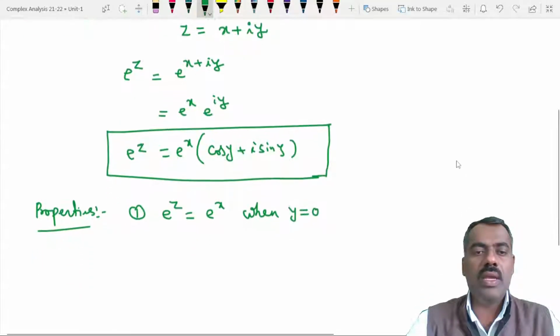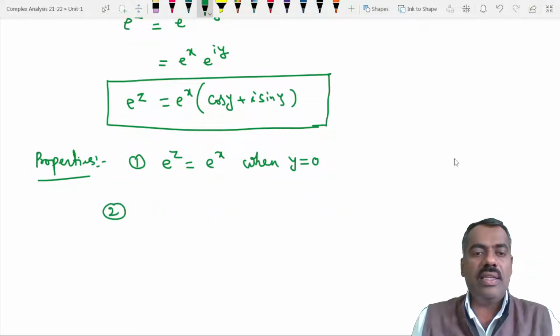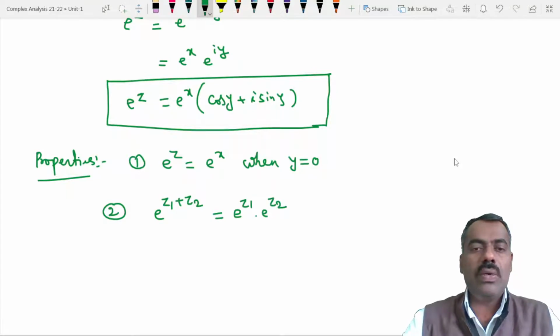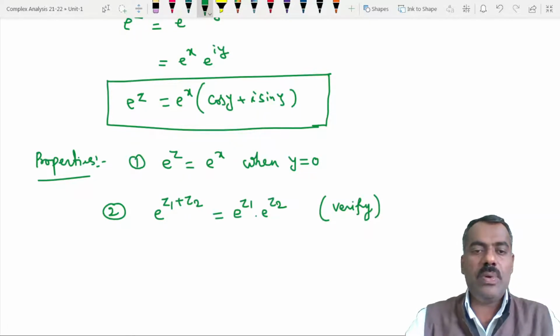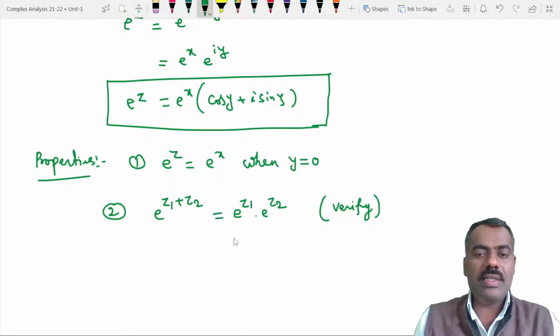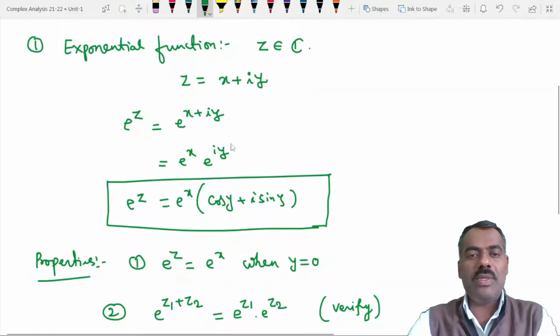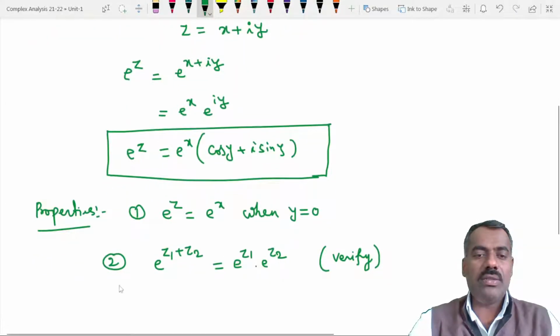Then we can easily see that if I take z1 plus z2, e power (z1 plus z2) is the same as e power z1 times e power z2. One can easily verify this, so I ask everyone to verify it. Simply substitute the formula, and go from right side to left, which is easier.